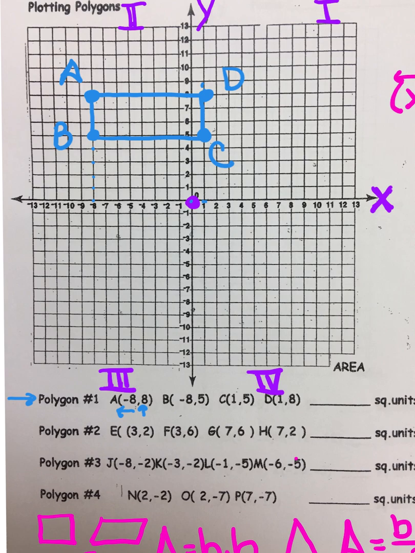Now go ahead and graph polygon 2 and 3. When you're ready to check your work, turn the video back on. But right now, independently, you should pause your video and work on your own, plotting these 2 polygons. Please pause the video right now.